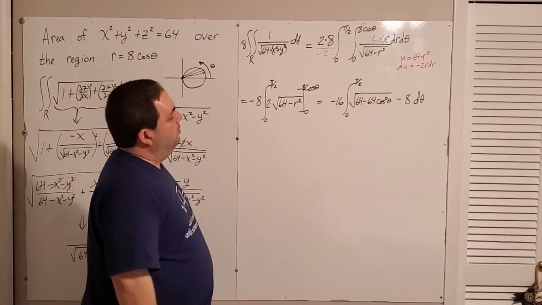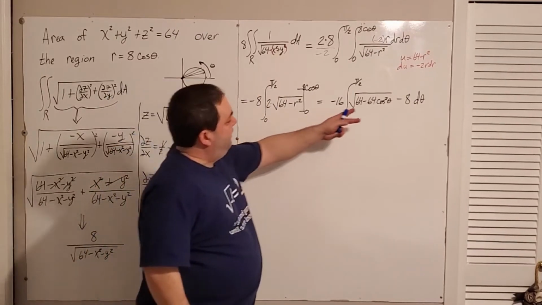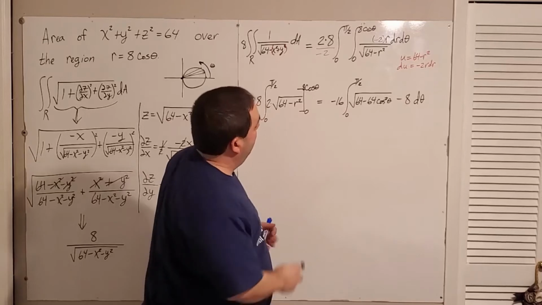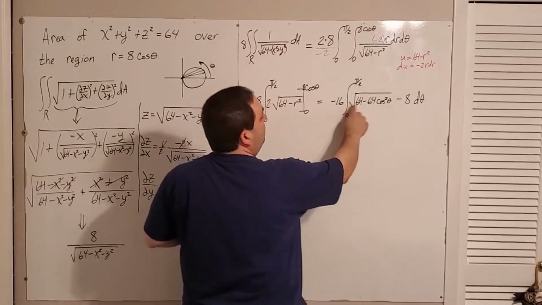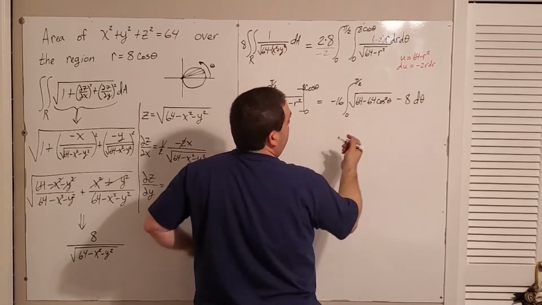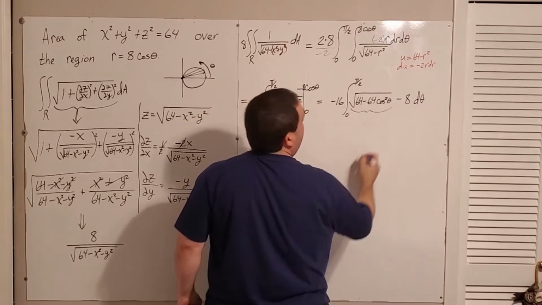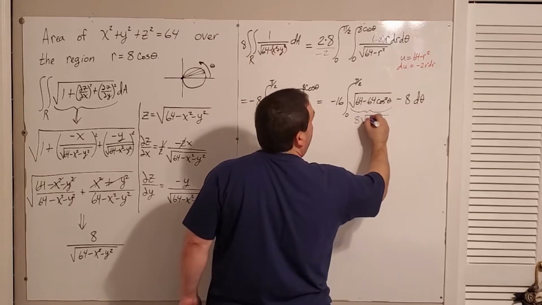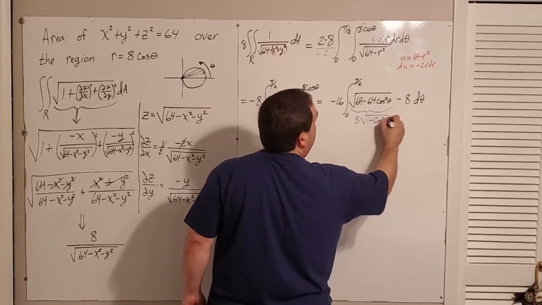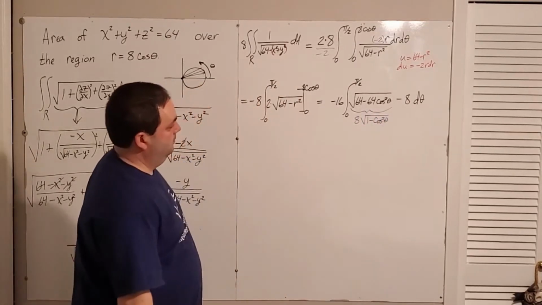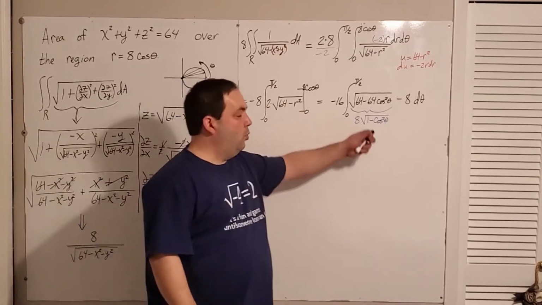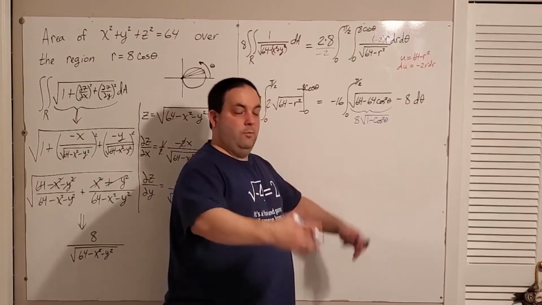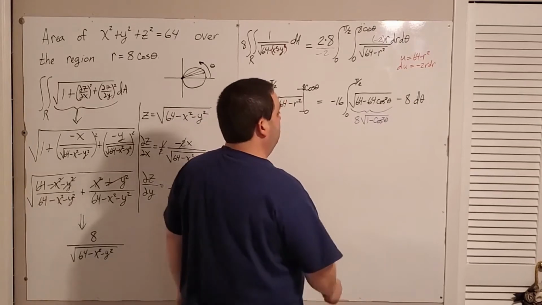Okay, well, do you notice that I can actually factor here, right? I can pull out a 64, and it's in a square root. So this piece right here, I can simplify to 8 times the square root of 1 minus cosine squared theta. Well, there's our old pal 1 minus cosine squared theta. Remember, that's just sine squared, right?